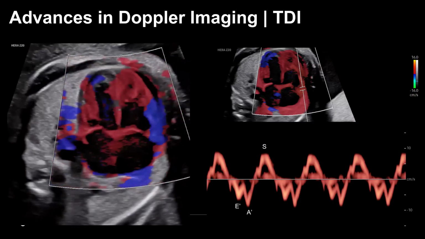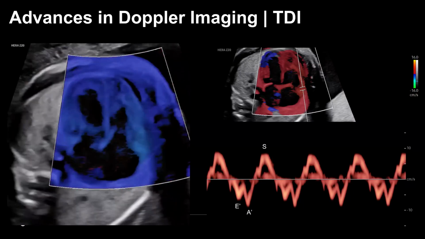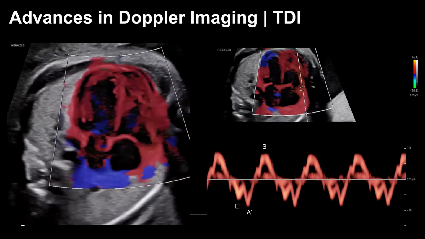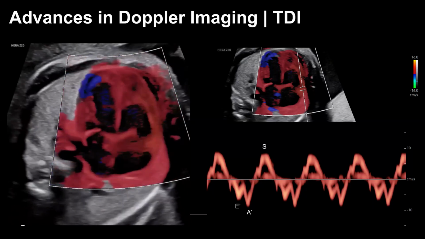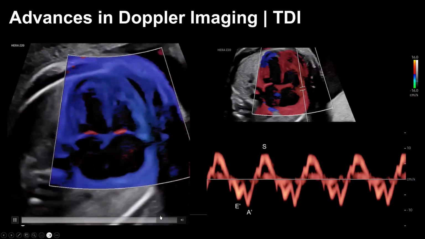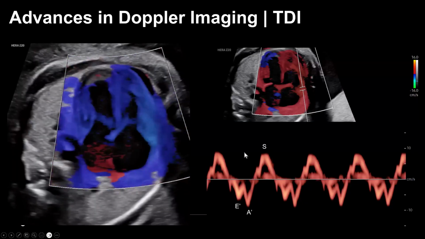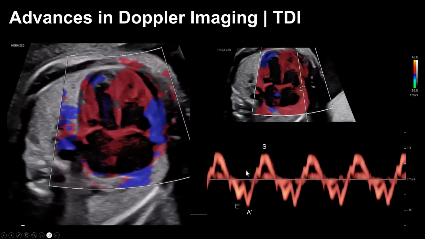They're not going to be very visible and not really informative. So for that, I usually use the spectral Doppler and the tissue Doppler modality that allows me to visualize each cardiac cycle presented here.